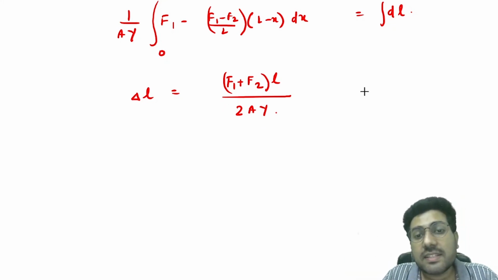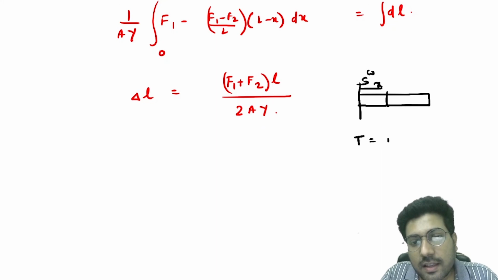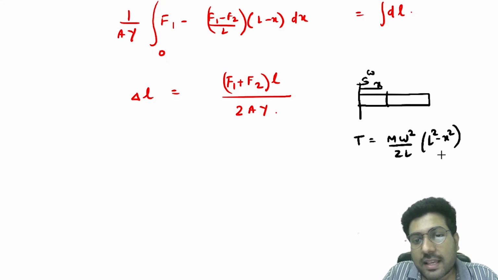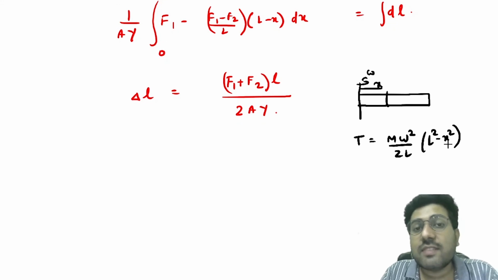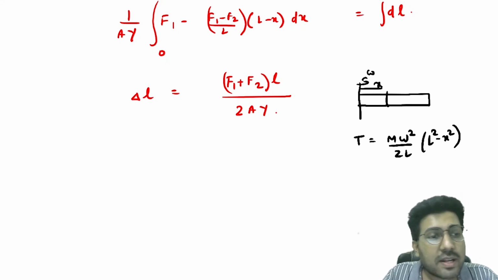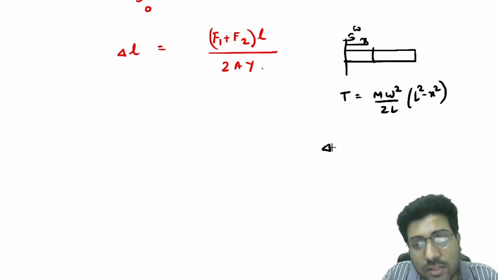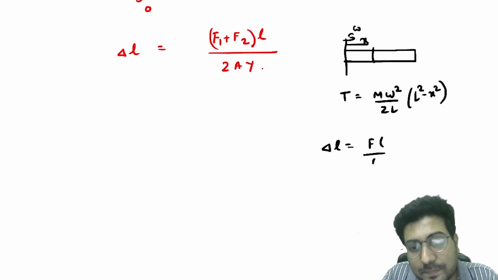For example, in this case, if you remember, the tension at a distance x was m omega square by 2L into (L square minus x square). The tension was varying with x square, that means stress was varying with x square. In that case the answer is always of this form, FL by AY.